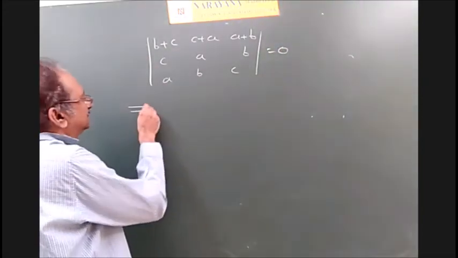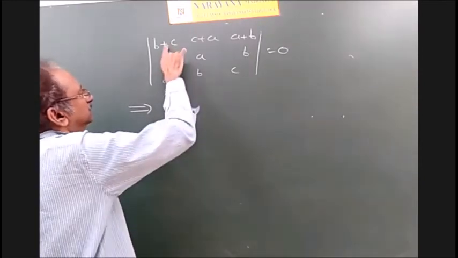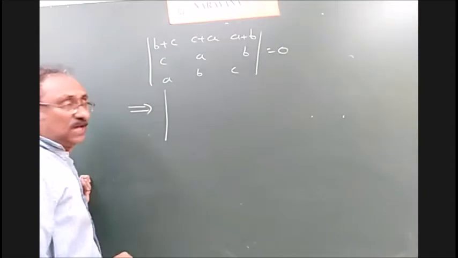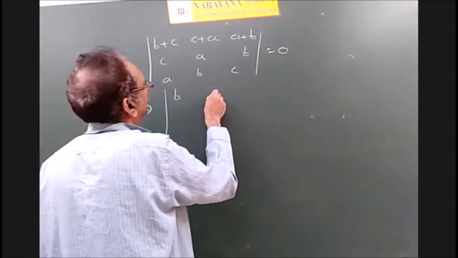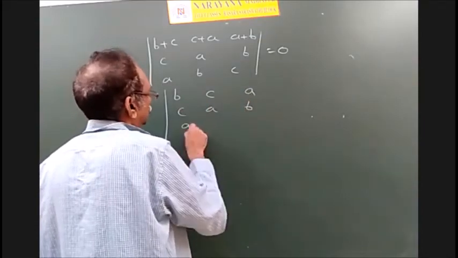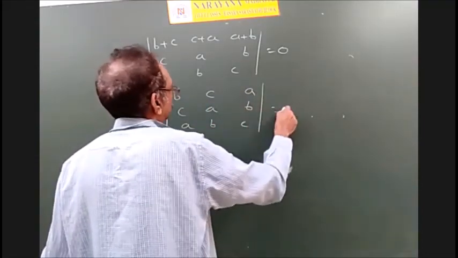So that implies, we simplify this. Simply subtract this. R1 implies R1 minus R2, B, C, and this is A. CAB, ABC is equal to 0.